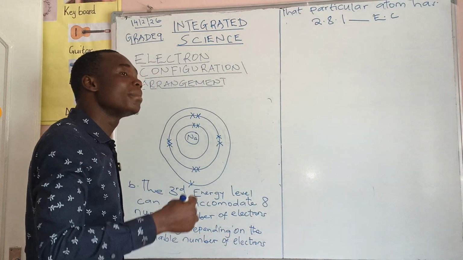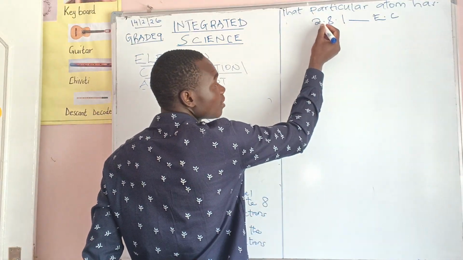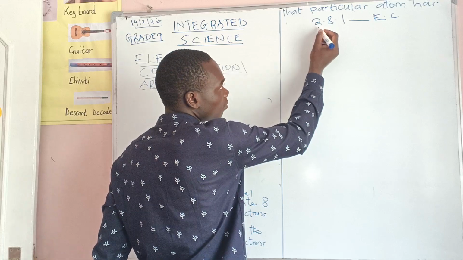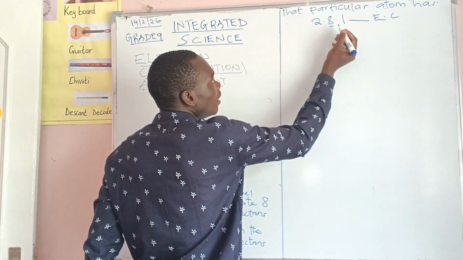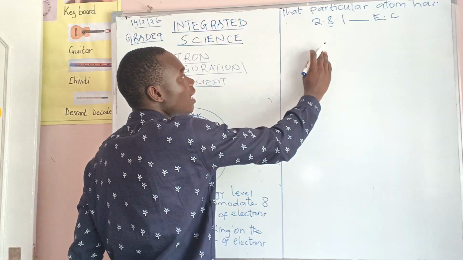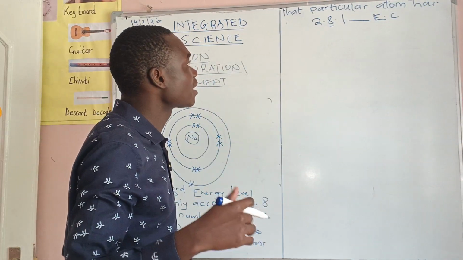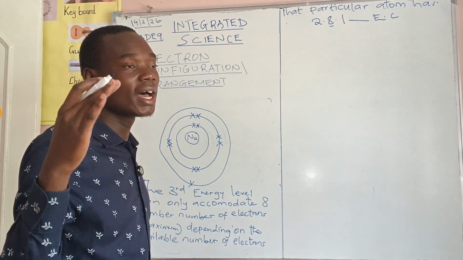Why say so? Because the rule says the first energy level can only accommodate 2 electrons maximally. The second energy level can again accommodate 8 electrons, but depending on the available number of electrons that particular atom has.